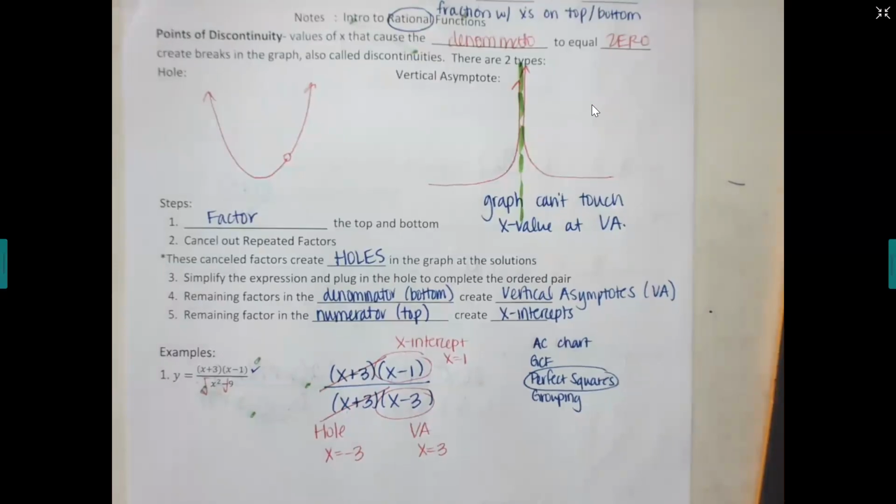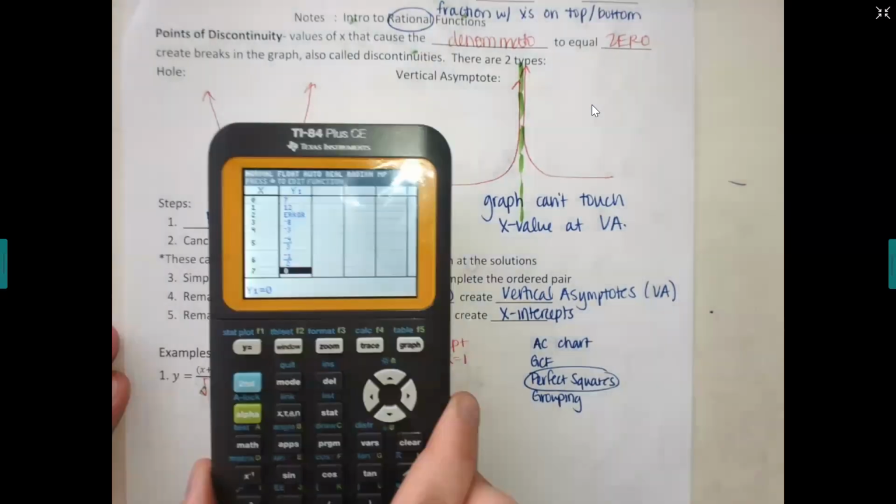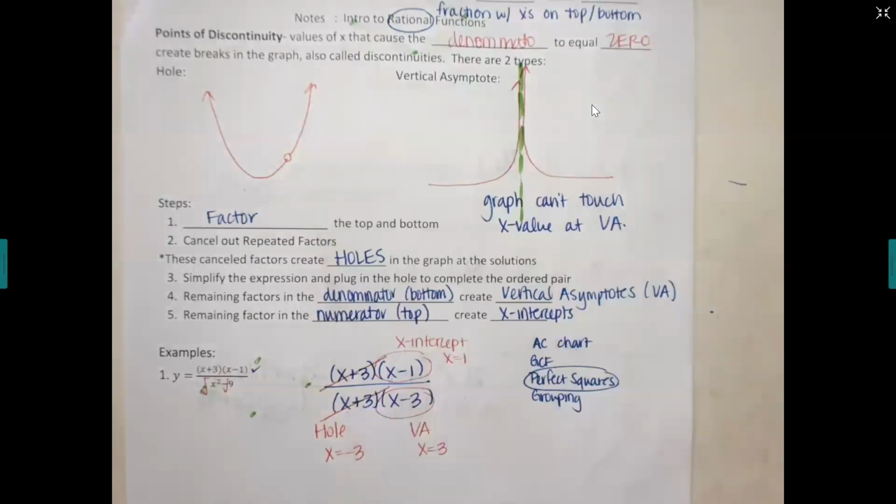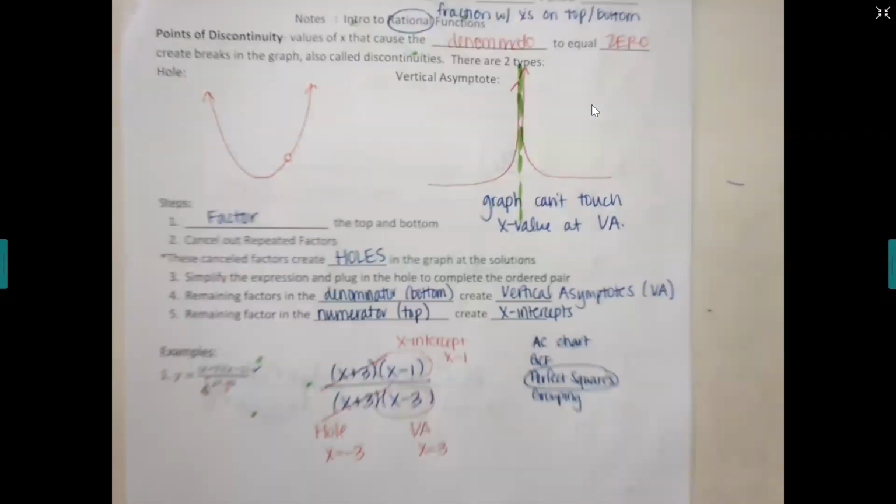Okay, so if you want to write that in, that's what a vertical asymptote is: an x that as your graph gets close to it, it just goes crazy because it can't touch that specific value. So in my calculator, if I see an error, that should also kind of confirm to you that there's an asymptote there, okay? All right, go ahead and turn the page.